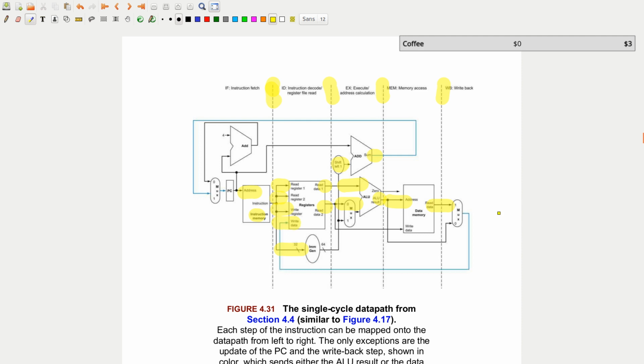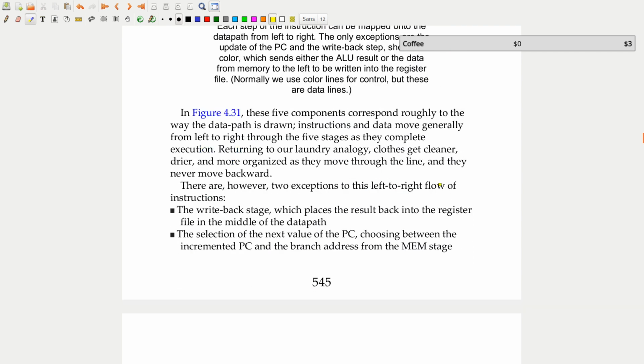So write it back to the register file. That's the basic idea of splitting this single-cycle processor we already had into these 5 stages. That's typical for something like RISC-V or the MIPS instruction set architecture.